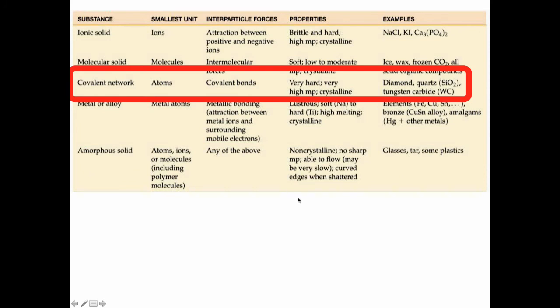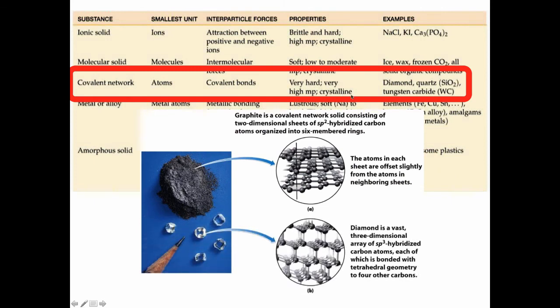There are also things known as covalent network solids that are atoms held together by covalent bonds in a network. They are very hard, they have high melting points, and they're crystalline. The classic example is diamond, but quartz and tungsten carbide are also examples.